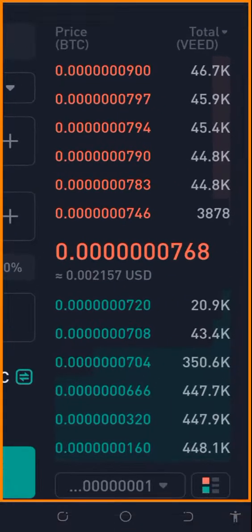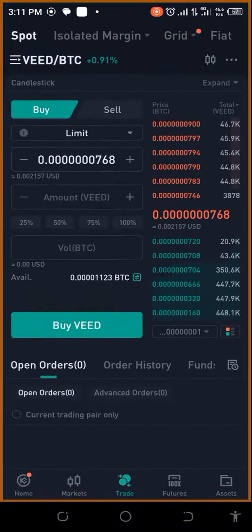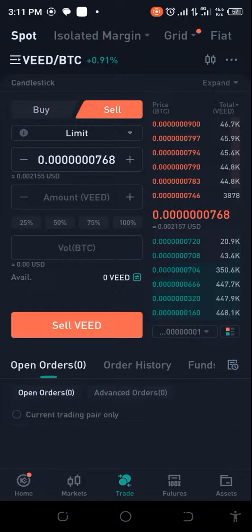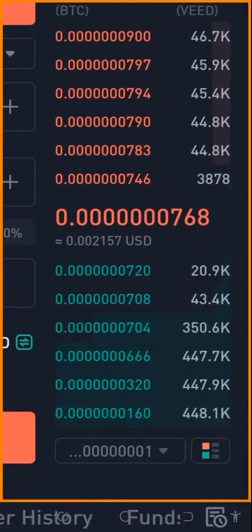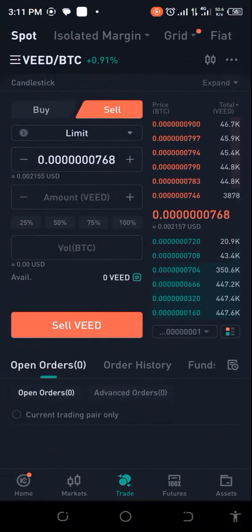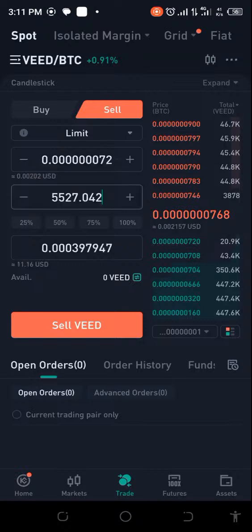We want to sell, so we're going to choose the first green. It's much lower. You can see that the main price is ending at 768, but this one is 720. So it's really, really different. So I'm just going to pick that out. If that's not going to work for me, I may just be in the queue. But let's see if we can actually make money.